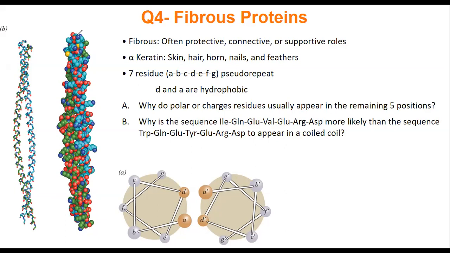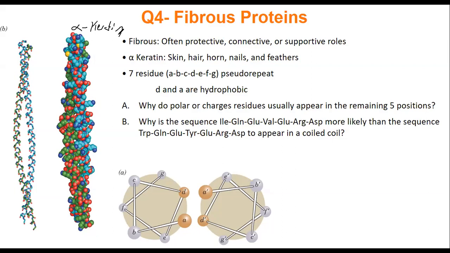So what we're doing here is looking at one type of protein called alpha keratin. Alpha keratin can be found in your skin, your horns, your nails. Those of you who have feathers, that's where alpha keratin is. Your jello, jello is mainly collagen, but yeah, it's the same idea.